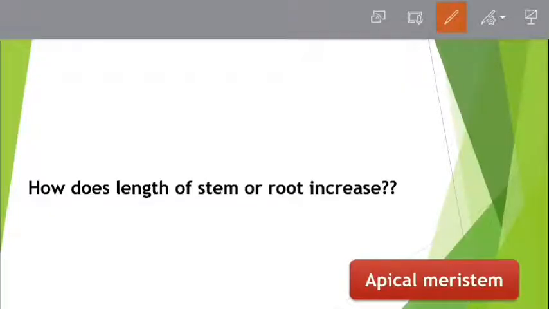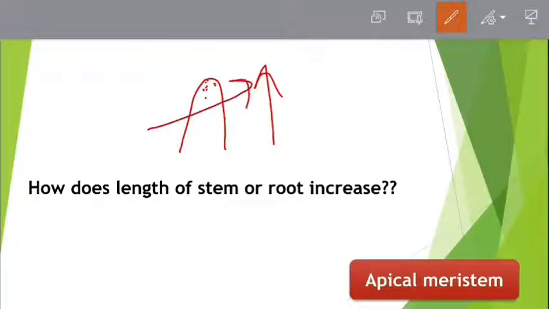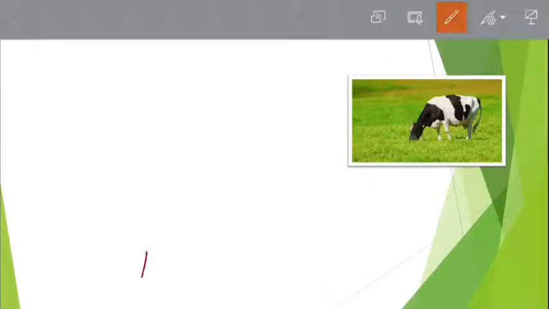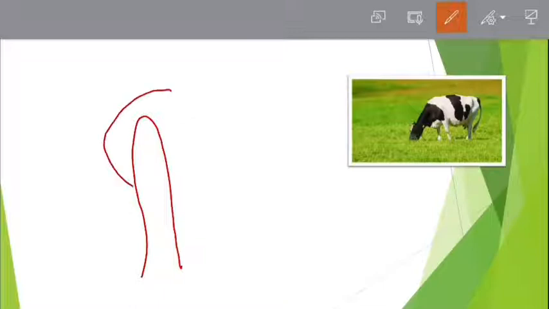Okay, so here we learn that the cells present at the tip of the stem are responsible for the growth of the plant. But what if we cut this tip, or in certain circumstances a grazing animal, let's suppose this is a grass stem, eats this part and the tip is removed?